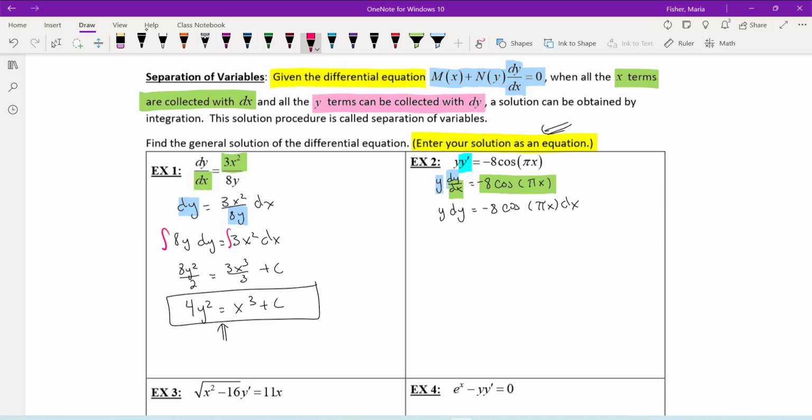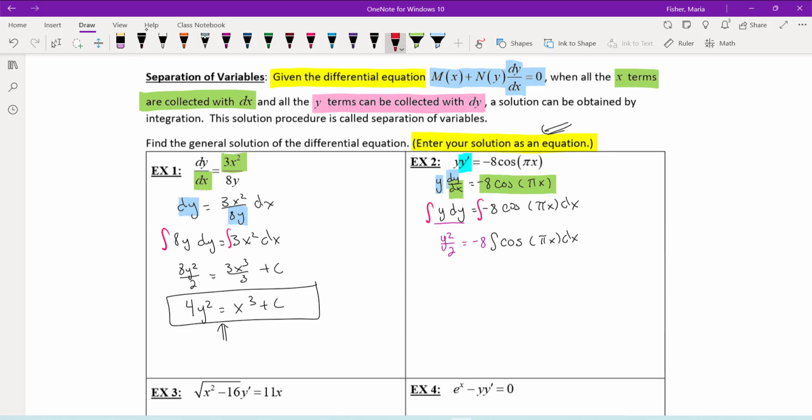Now let's integrate both sides. Integrate the left and integrate the right. The left is pretty easy to integrate. The integral of y dy is y squared over 2, but the right-hand side is going to need a u sub. Well, we can factor out that negative 8 constant multiplier and rewrite this as negative 8 times the indefinite integral of the cosine of pi x dx.